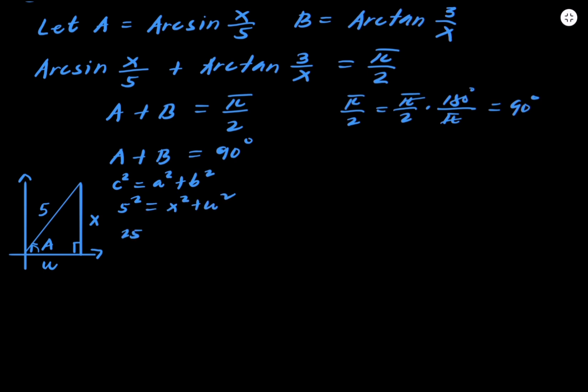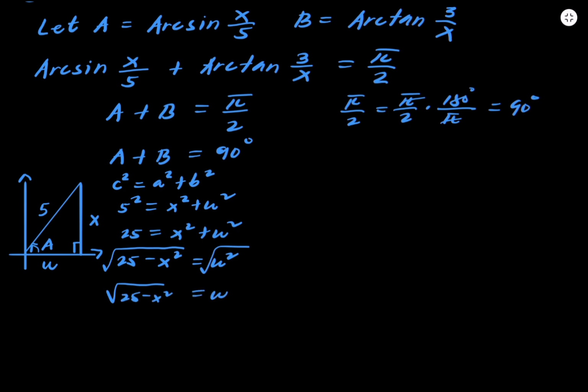So we have 25 equals x squared plus u squared. So we have to transpose. Okay, so extracting the root, we have the root of 25 minus x squared, that is equal to u. So the adjacent side is the root of 25 minus x squared.